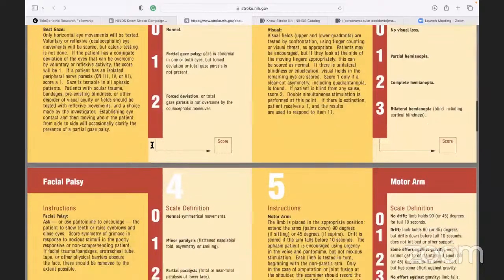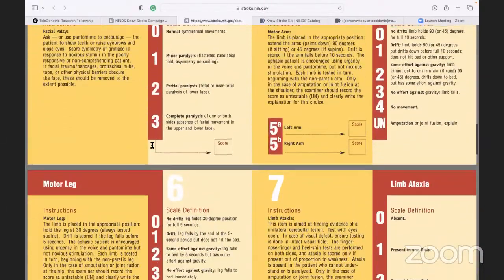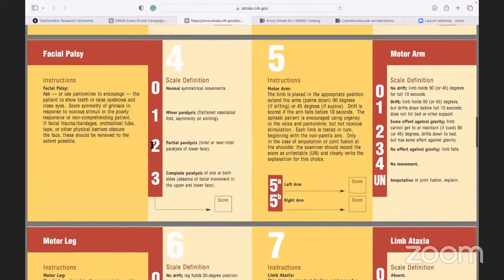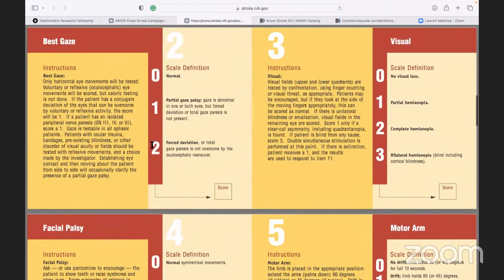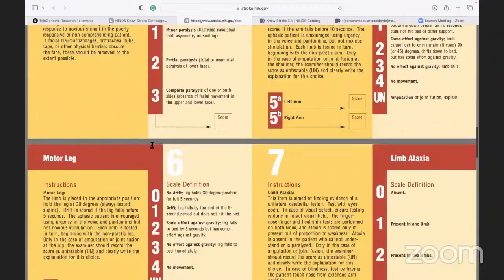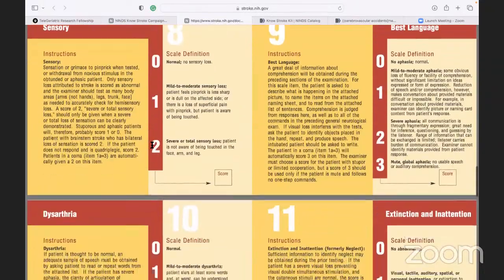I think it is very helpful because no one can memorize all this information, and a prognostic scale should be accurate and complete.